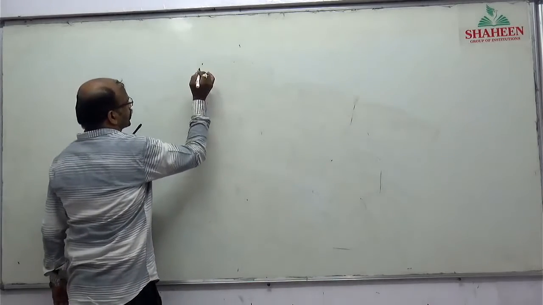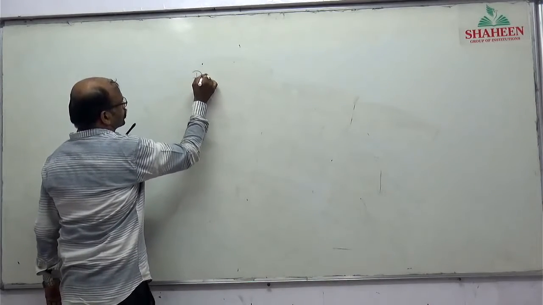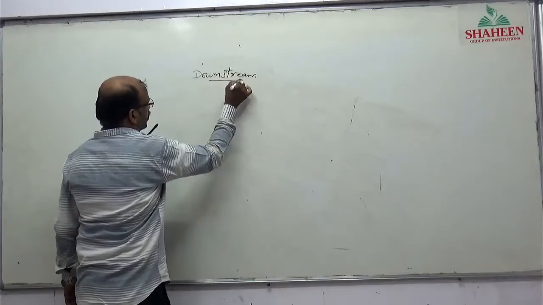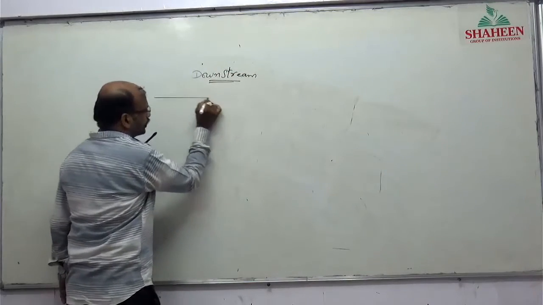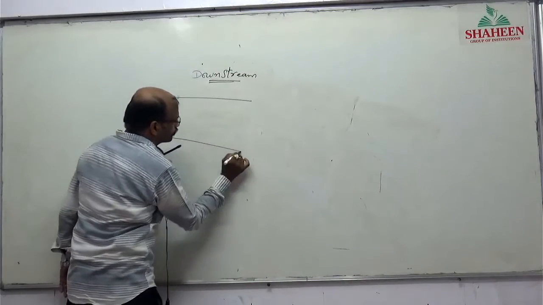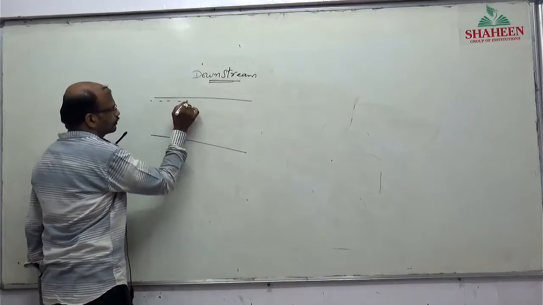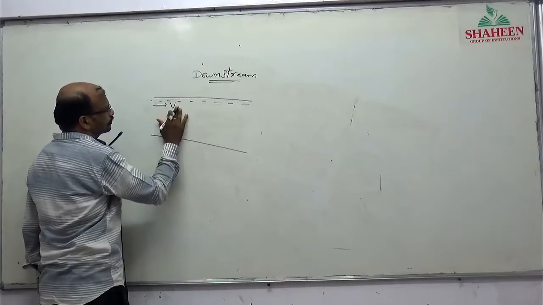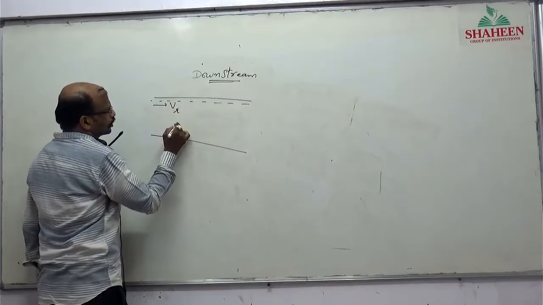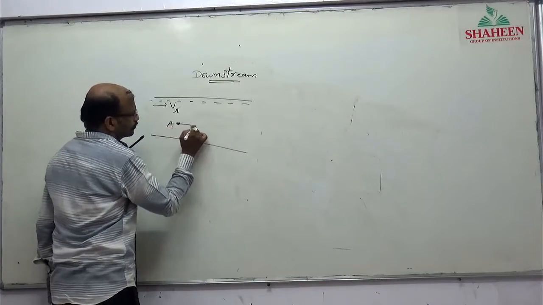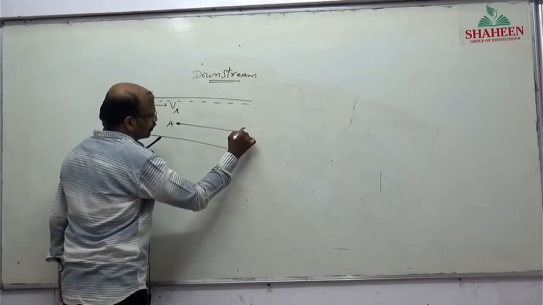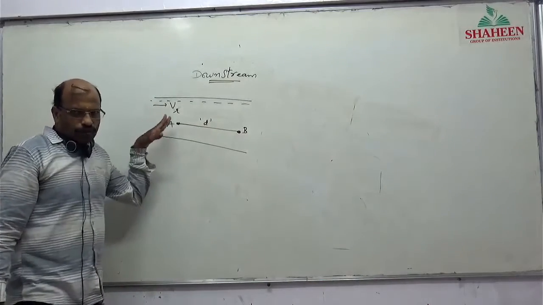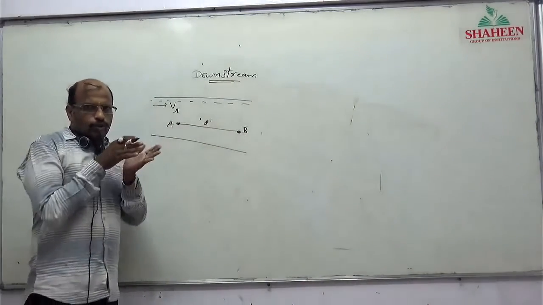Yes. Listen. Downstream and upstream. First I will explain downstream. After that, I will explain upstream. Here river is flowing in this direction with VR. 2 points are there at a distance D. Listen carefully.